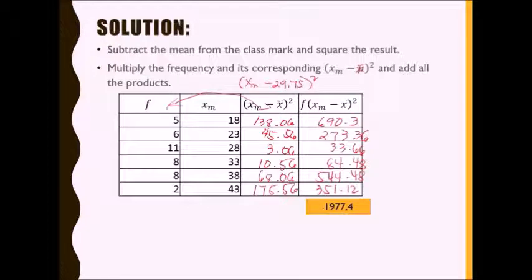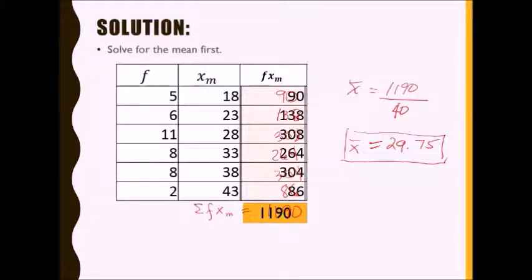1,977.4. Okay, so again, ito ay sample, so this is the symbol for the variance. Okay, so to solve for the variance, the total will be divided by n minus 1. No, so kung atin pong total scores here, balik natin, total scores is 40, no? 40 minus 1, 39.